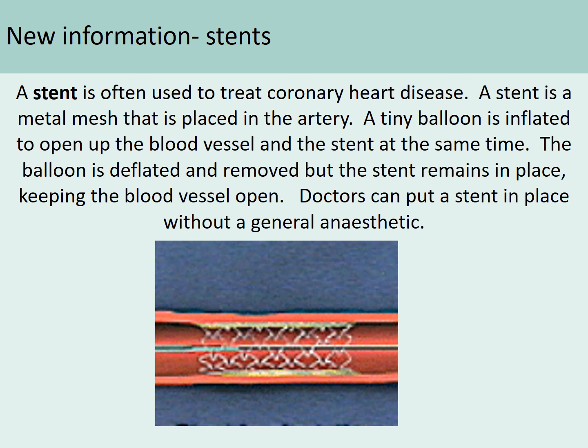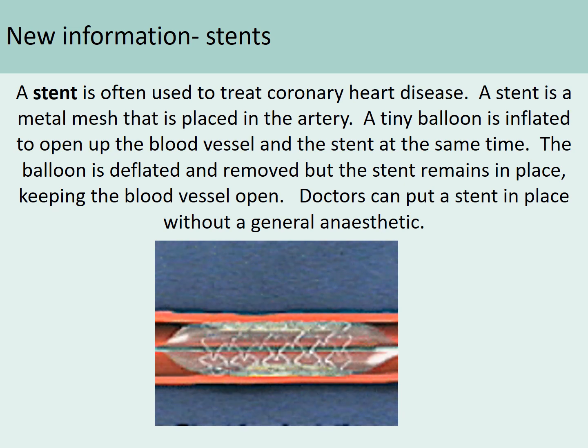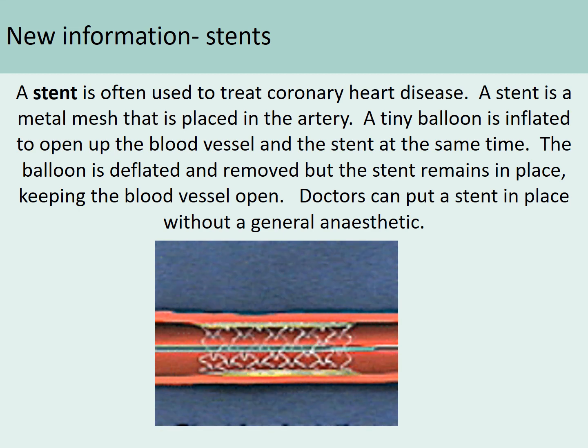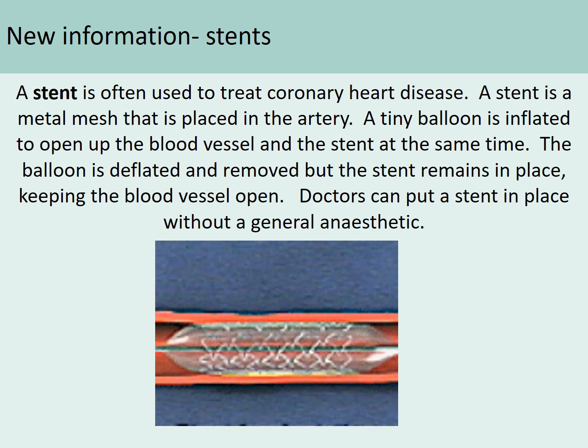So if somebody is at risk of having a heart attack and they've identified that these coronary arteries are very much reducing the amount of blood that is going through, there are different things that doctors can do. And one of those is called a stent. So a stent is used to treat coronary heart disease, when those arteries are getting blocked up.